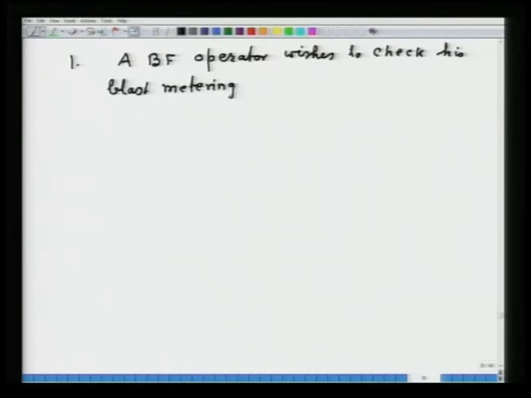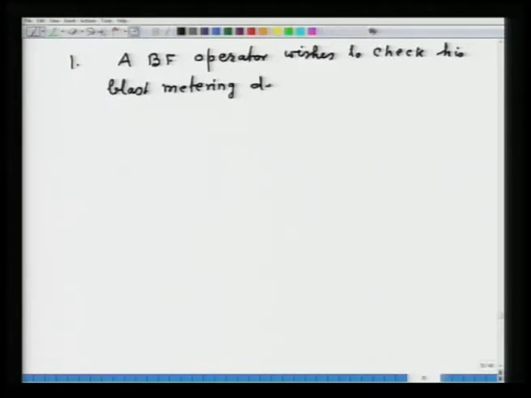He is supplying air blast and measuring it by a certain device, and he has some doubt about it. So, check the blast measuring device on the basis of gas analysis, because this value is known to him, and the coke rate. He knows both the values.